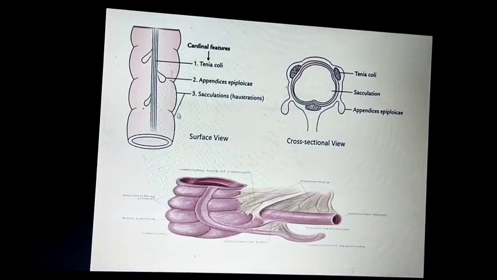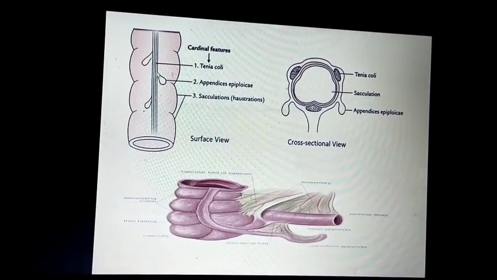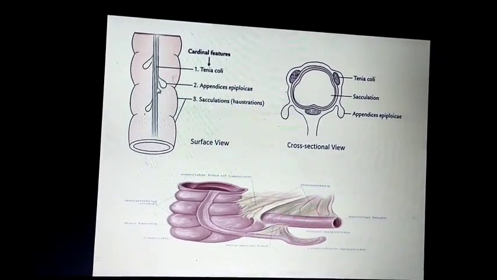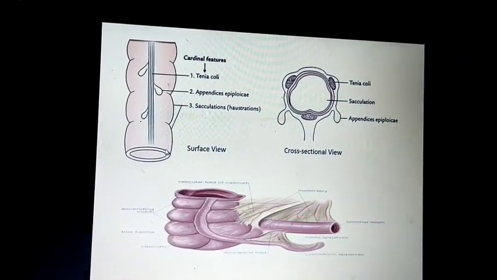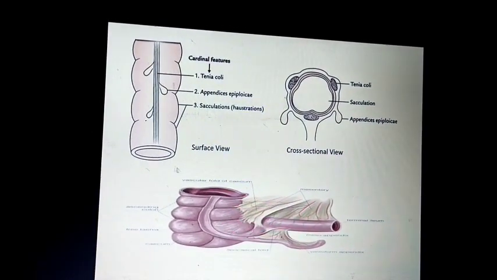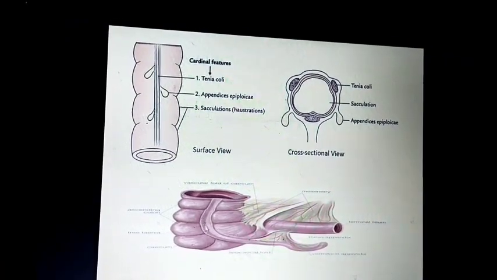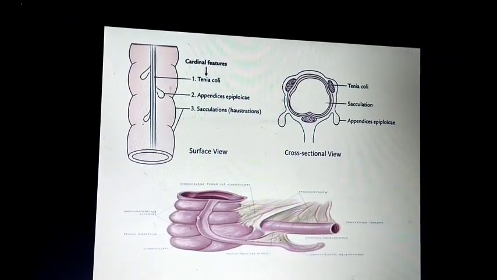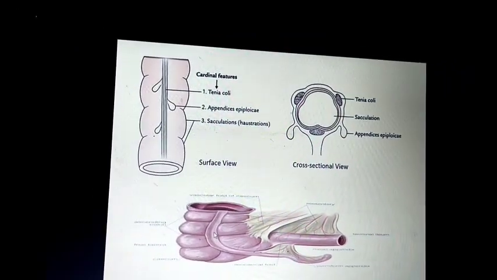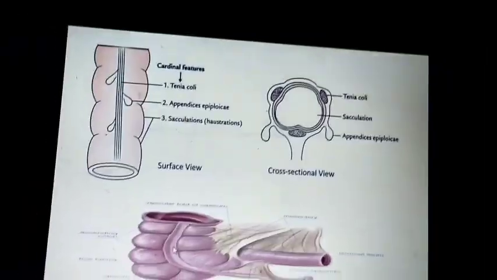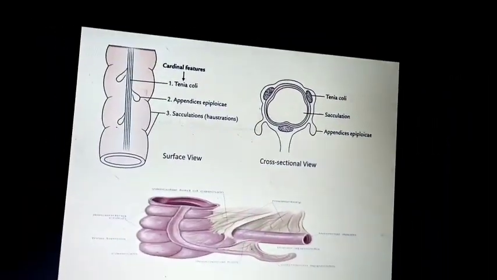Okay, these sacculations form because the length of the tinea coli is less than the length of the large intestine. Because of that, the pulling or contraction of the smooth muscle of the large intestine happens.